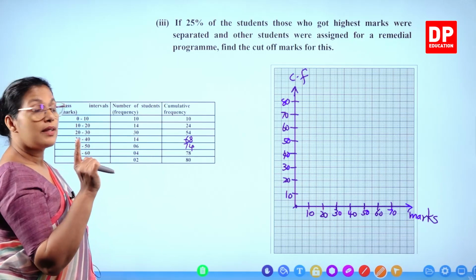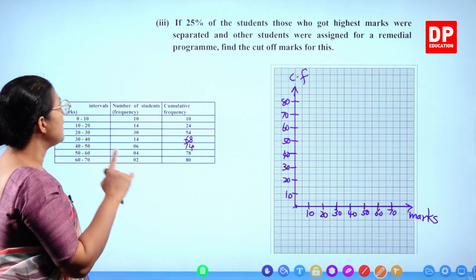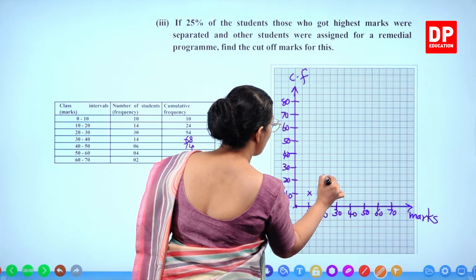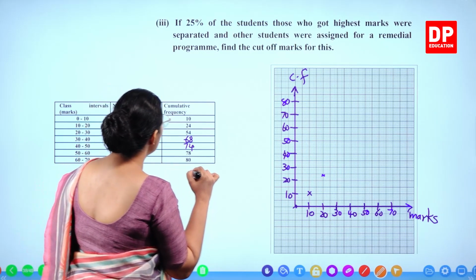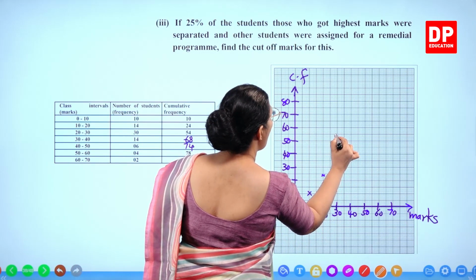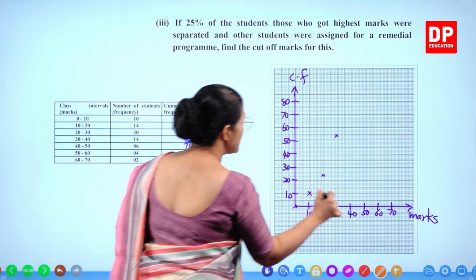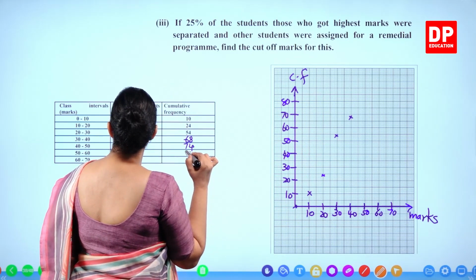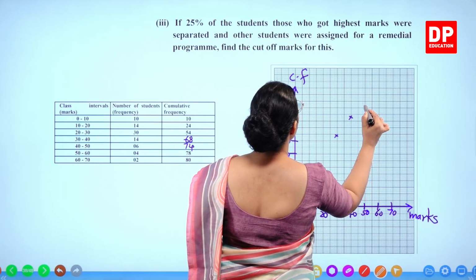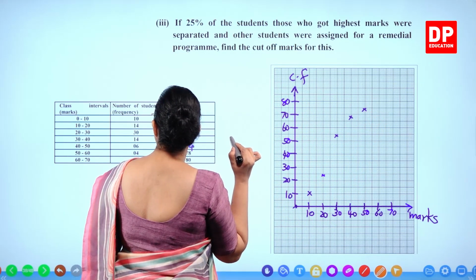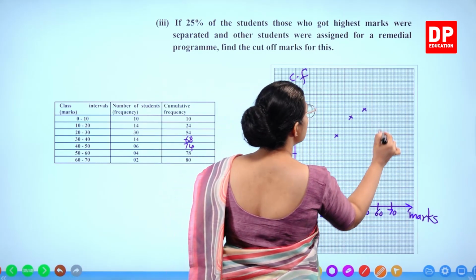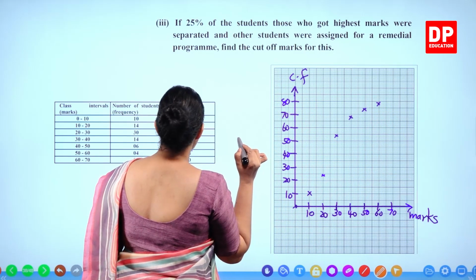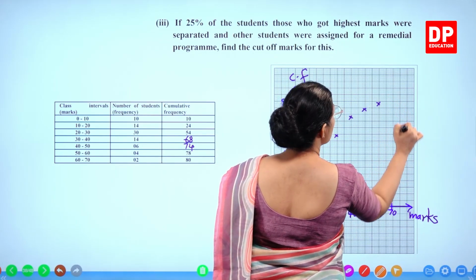Then the upper boundary with the cumulative frequency: 10 with 10, 20 with 24, 30 with 54, 40 with 68, 50 with 74, 60 with 78, and 70 with 80.